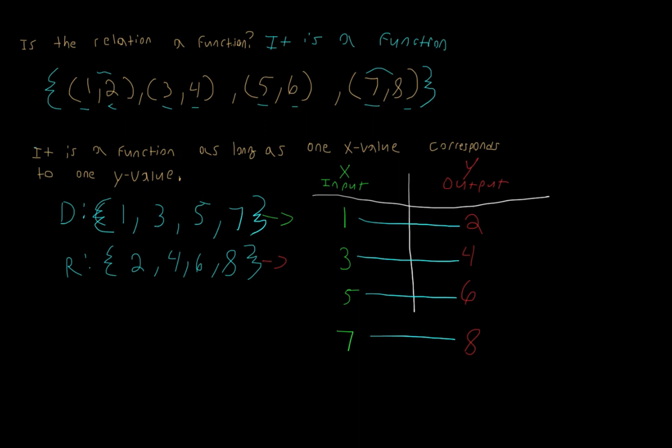Okay, so I'm going to do another one and show you what isn't a function. Let me start a new one over here. I'll put "is not a function." Okay, so let's draw a relation, a set of ordered pairs.